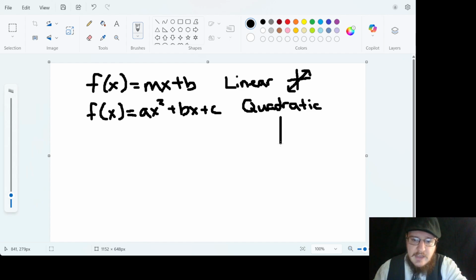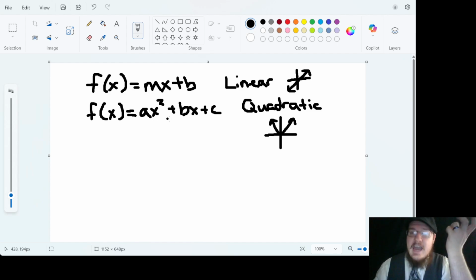A quadratic looks like this. And we need to have all these extra terms here, these extra values set up, because you're trying to establish every point that is inside of the graph itself. So you need to add in more terms.